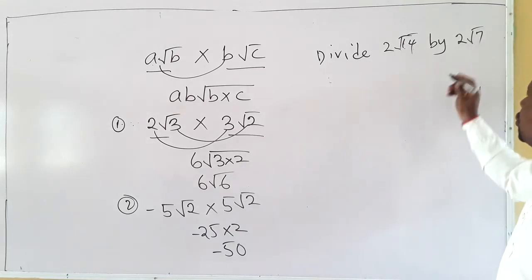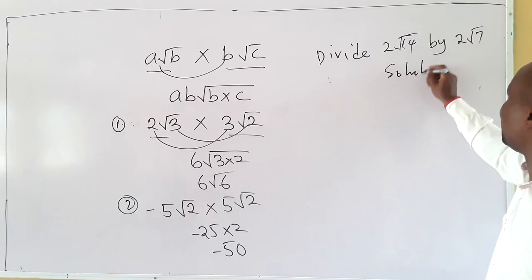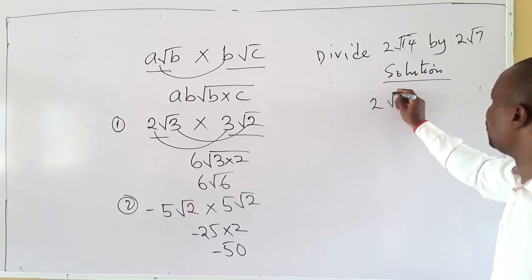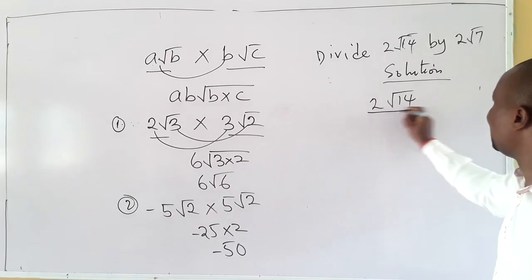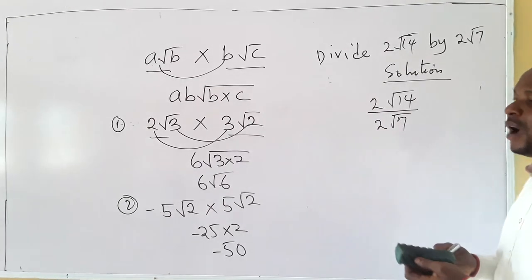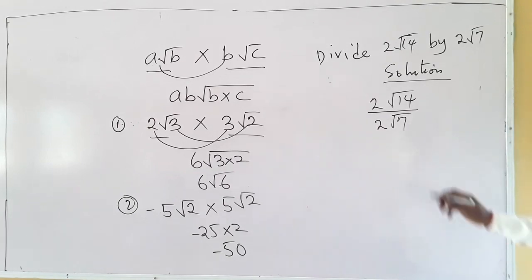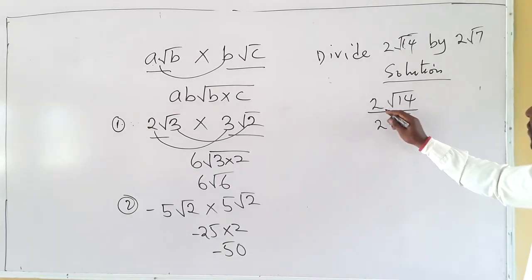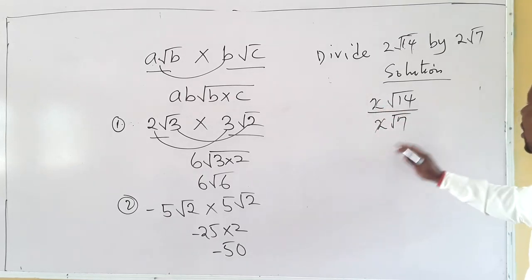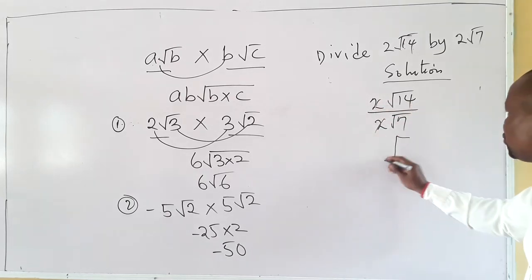Now to do this, we say 2 root 14 divided by 2 root 7. The same way, we divide the numbers outside the root sign first. 2 divided by 2 will give us 1. Now we open a bigger root.